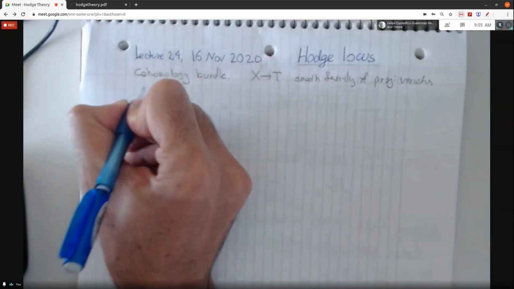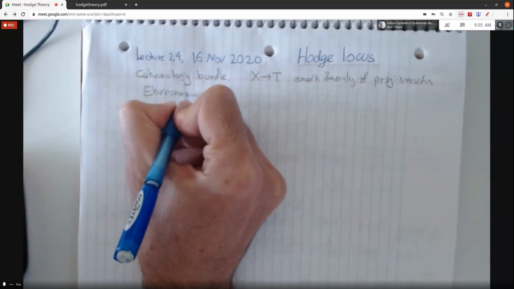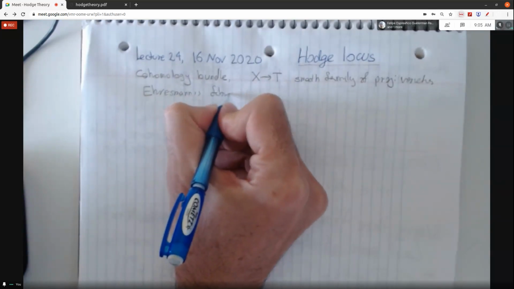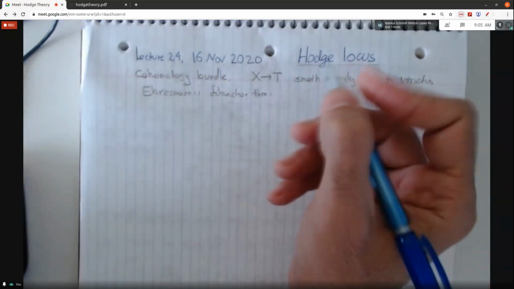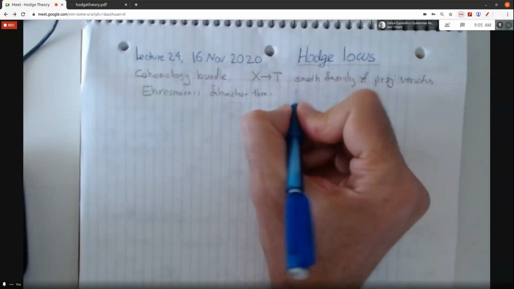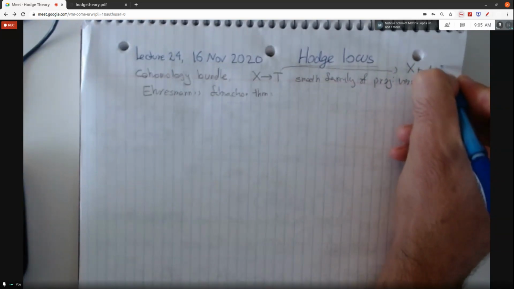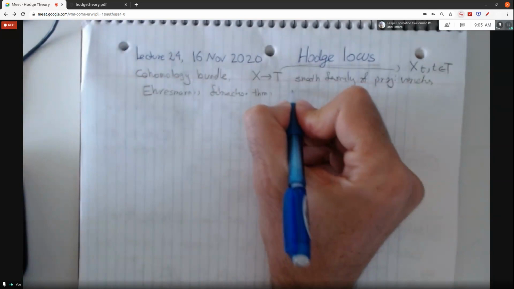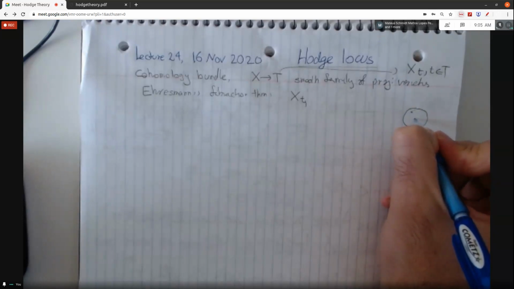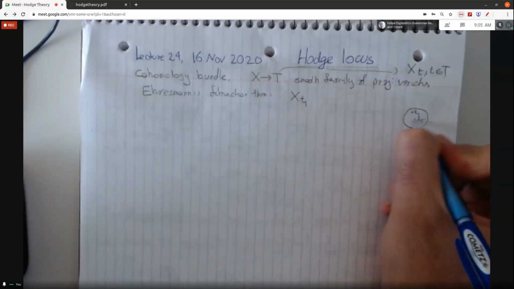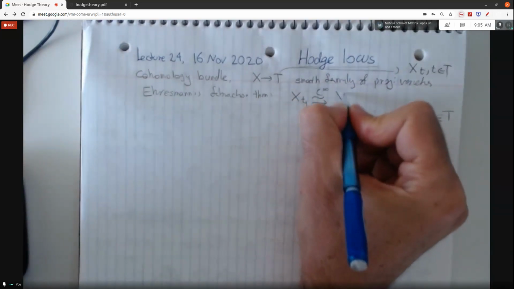So by Ehresmann's fibration theorem, if we denote the fibers by X_t, the fiber over t, then all these X_t, if we take local open sets, t1, t2, a small open set inside T, are C-infinitely the same.